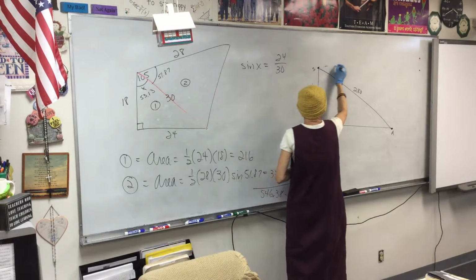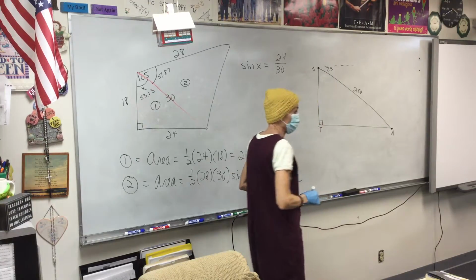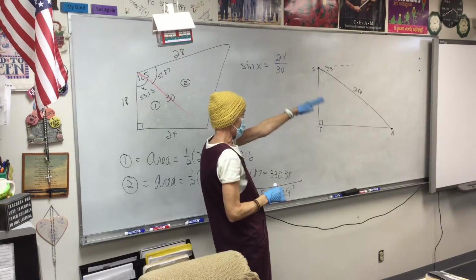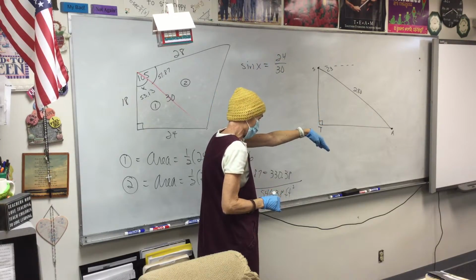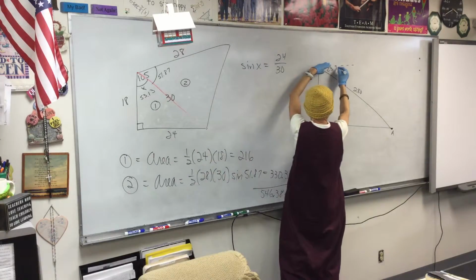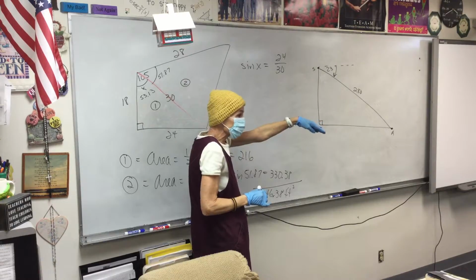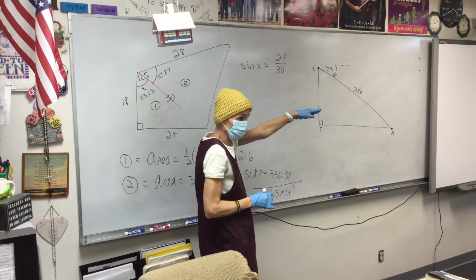So if you want to put it up here, you can, but it goes here, against the horizontal. I am the squirrel, looking straight ahead, and then I look down at my acorn. That is the angle of depression. Personally, I prefer to keep my angles inside the triangle.